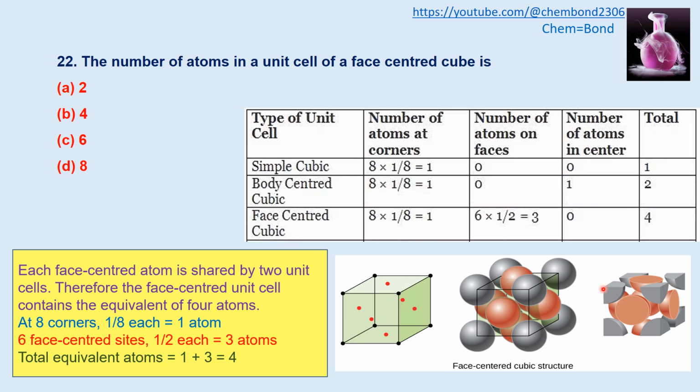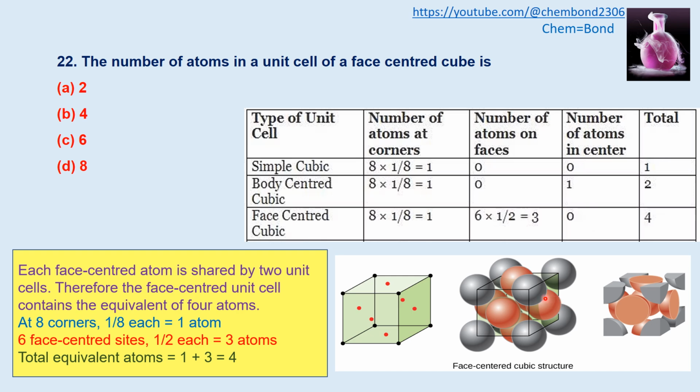There are 8 corner atoms present, but these 8 corners are shared by 8 further unit cells. So these will be divided by 8 because these are shared by further 8 unit cells. Similarly, each face is shared by 2 unit cells, so this atom will be shared by 2 unit cells.